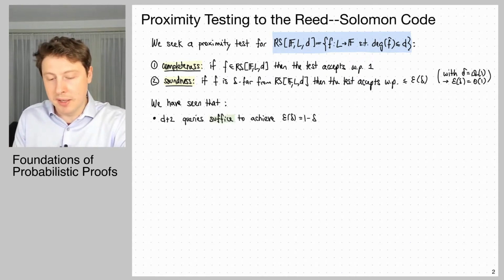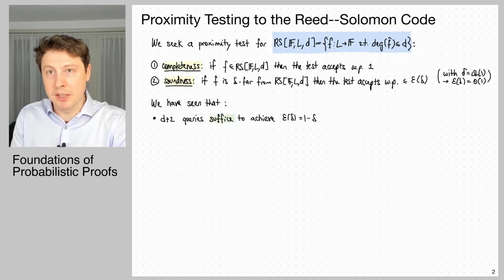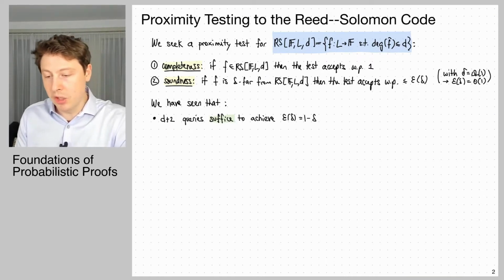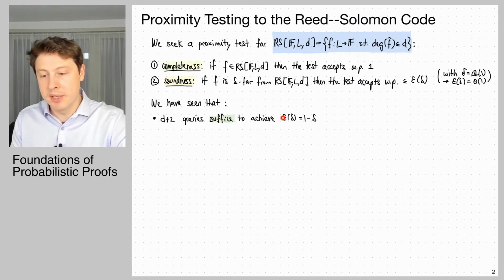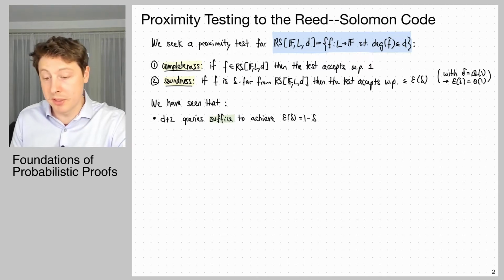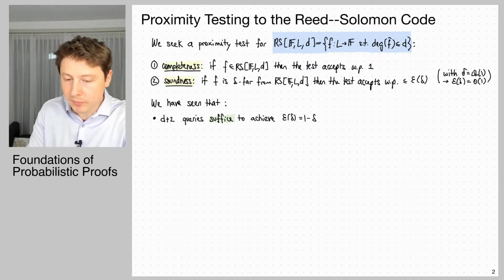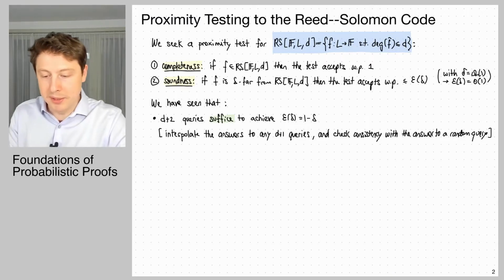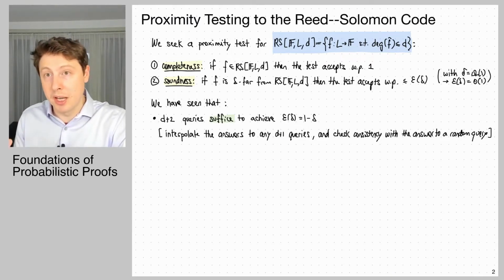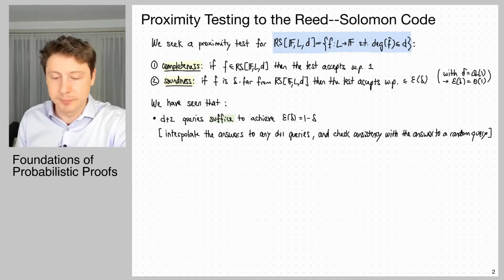And we have already seen that we do have a very nice test that uses d plus 1 fixed queries and a d plus 2nd random query that achieves a pretty good soundness error. The soundness error goes down linearly with the distance. So the bigger the distance, the closer the soundness error goes to 0. That's very nice behavior. The way it worked is you interpolate the answers to the fixed d plus 1 queries, which gives you a candidate polynomial, and you check consistency of that polynomial at some other random location.